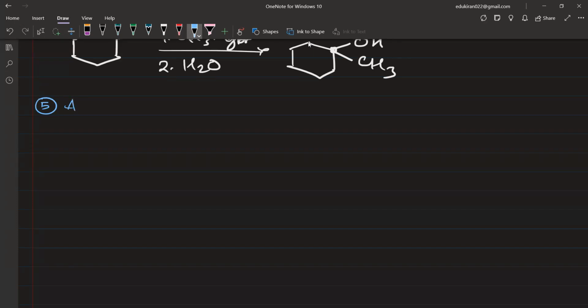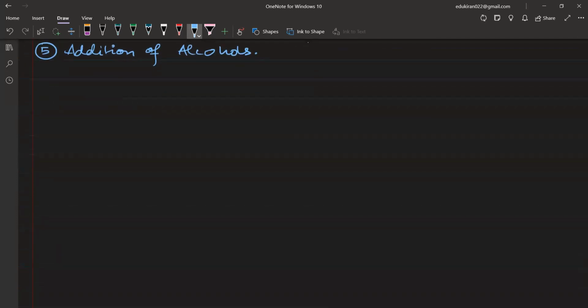Addition of alcohols. Please write. First of all, regarding aldehyde.